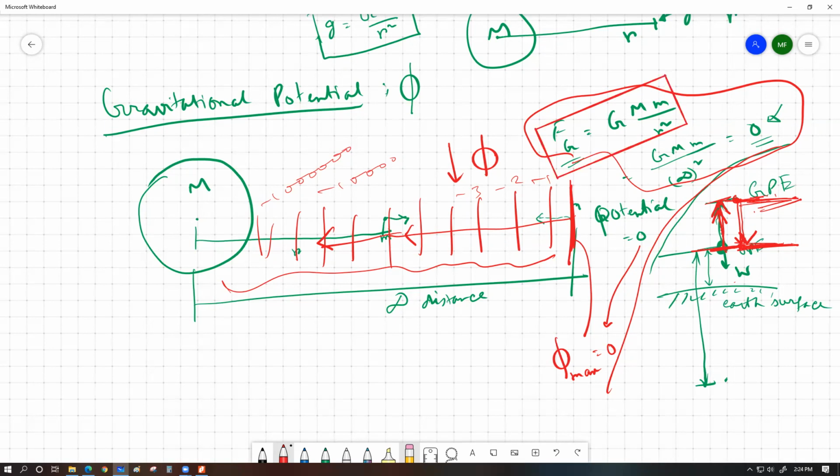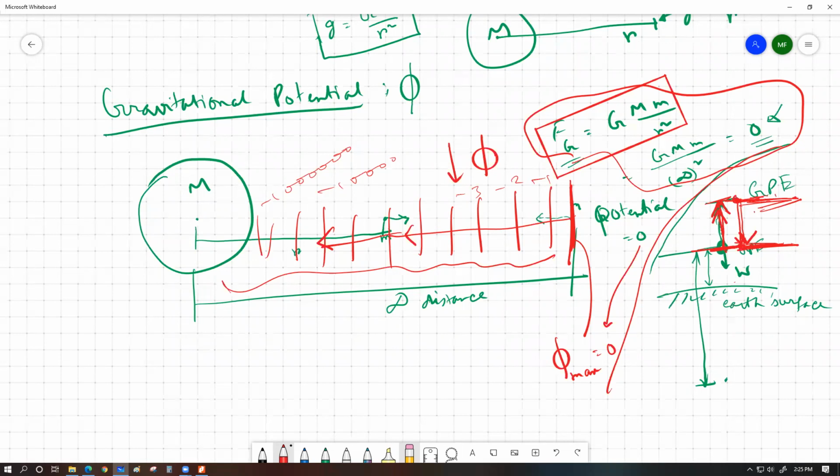The gravitational potential is logically, by definition, maximum at infinite distance, the farthest distance apart. By the gravitational formula, the force of attraction at infinite distance happens to be 0. When there is no attraction whatsoever, obviously the potential will also be 0, because the force is not working.